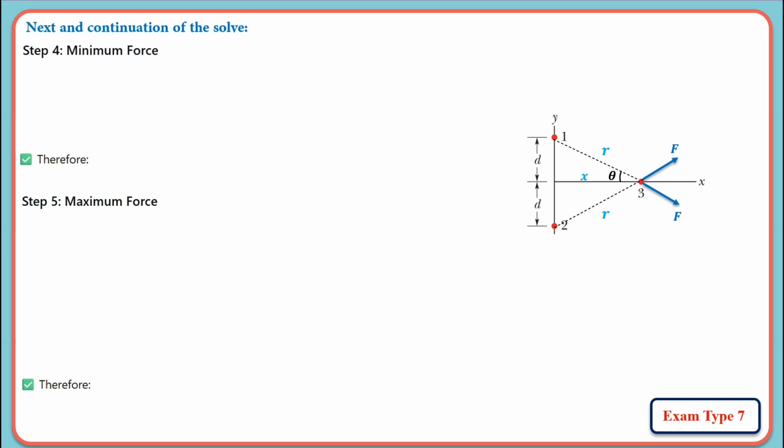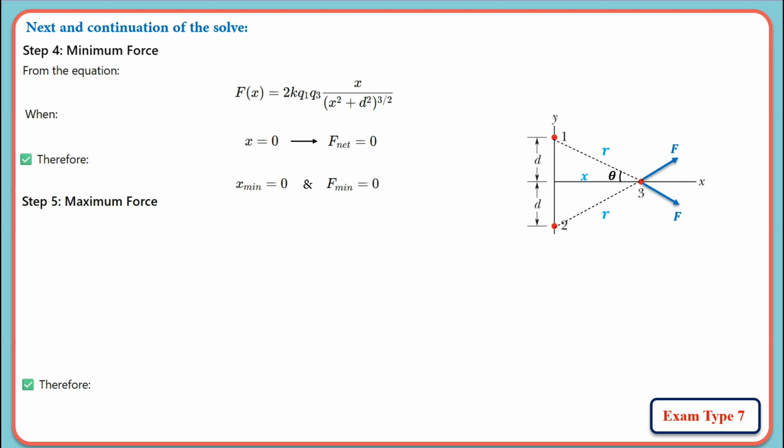Step 4. For the minimum force, we look at the force equation. When x equals 0, the horizontal distance becomes 0, so the net force is 0. Therefore, the minimum force occurs at x equals 0, and its value is 0 newtons.